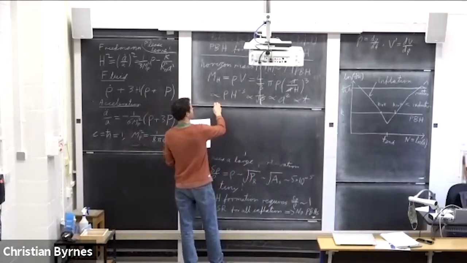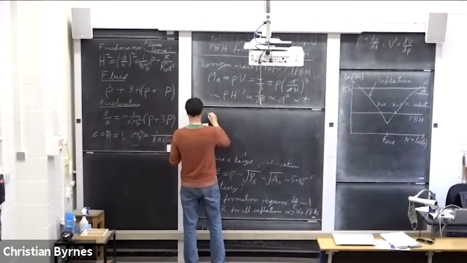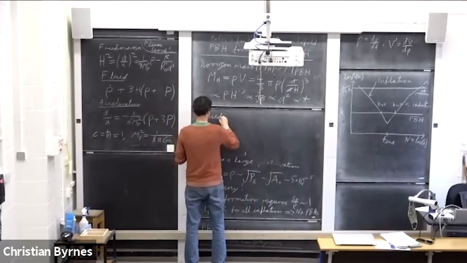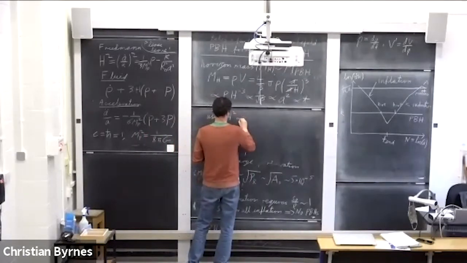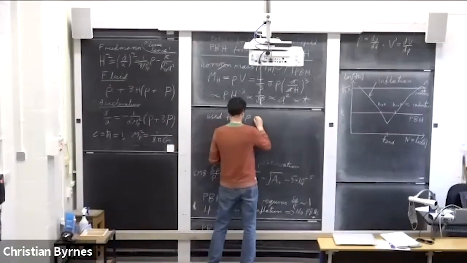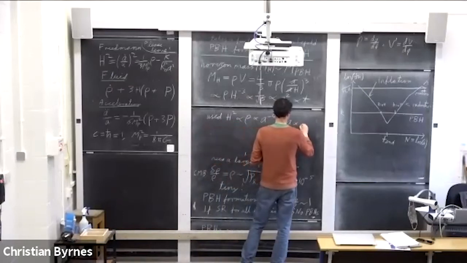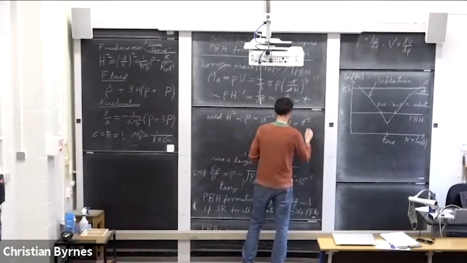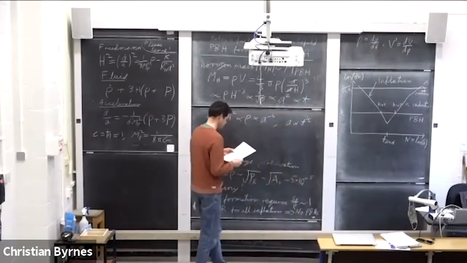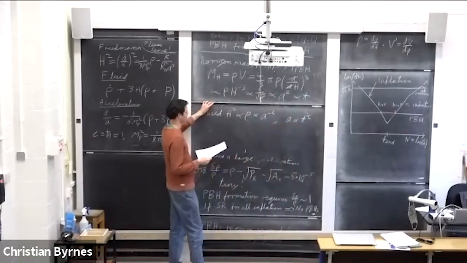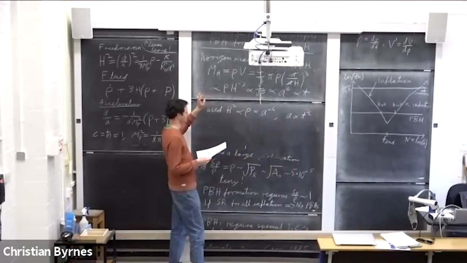Since this is important, let me just rewrite. So we used H squared proportional to rho, proportional to a to the minus 4, and a is proportional to t to the 1/2. And yeah, this is all correct.